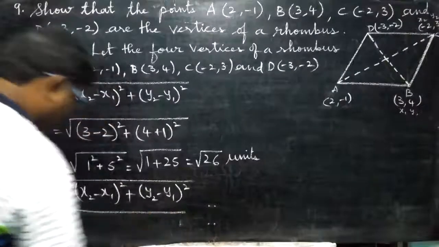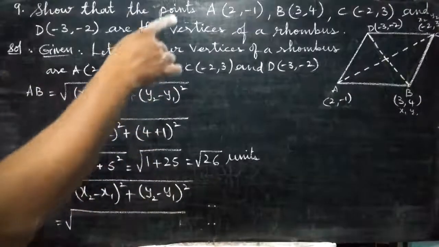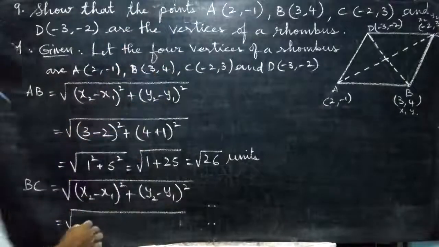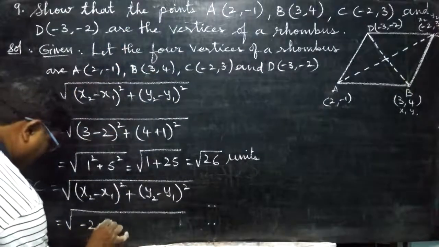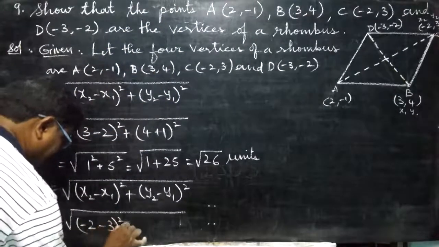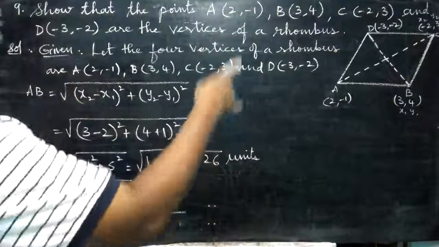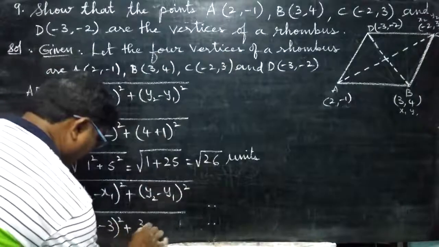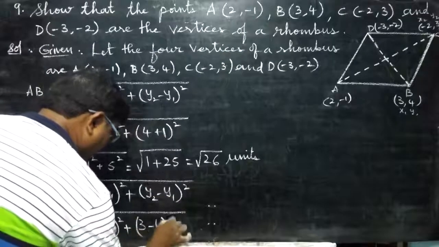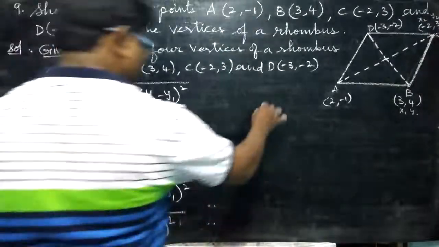Numbers will change, that's all. So, (-2 - 3) whole square plus (y2 minus y1), (3 minus 4) whole square. Now simplify.